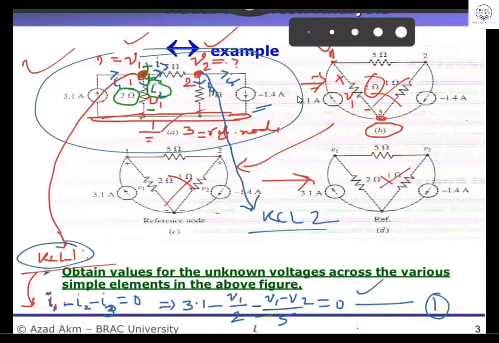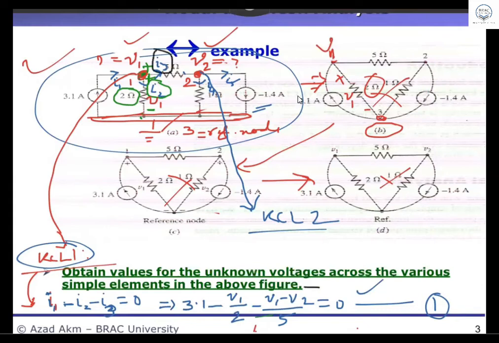This is the current I3. This is the current I4. This is the current I5, right? Now, I'm taking it off. You tell me these currents. I3 is what?